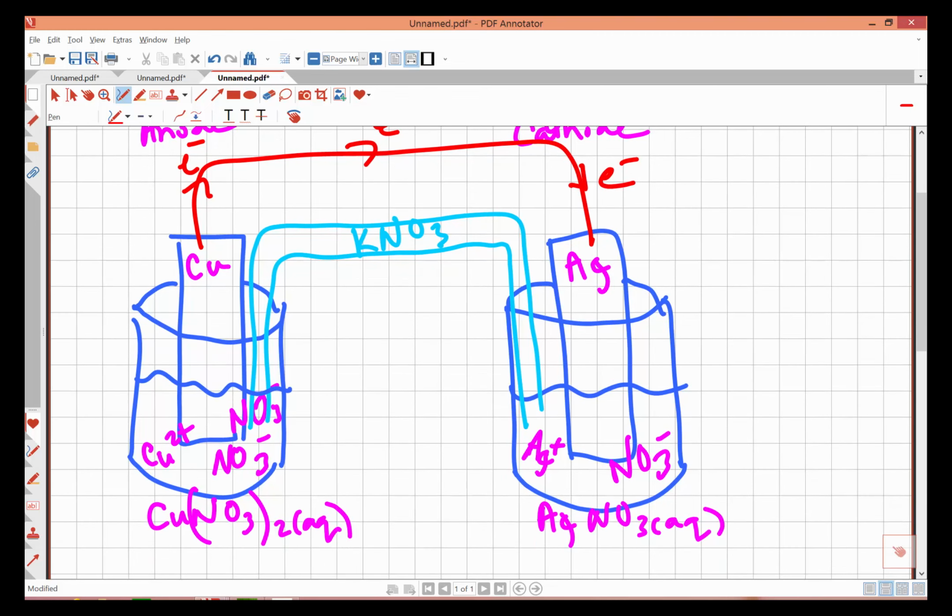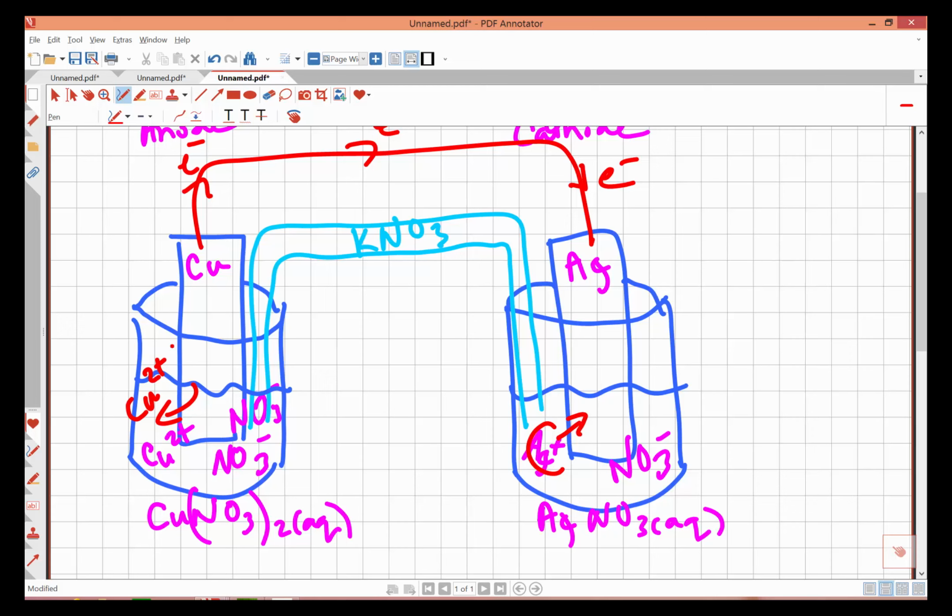And as this silver takes these electrons, it pulls the silver ions out of solution and they begin to plate on this silver cathode. So that's why it gains in mass, because the silver ions are being pulled from the solution and plating on the metal. Over here where copper is being oxidized, we are losing solid copper and it's putting more copper ions in the solution as it becomes oxidized.